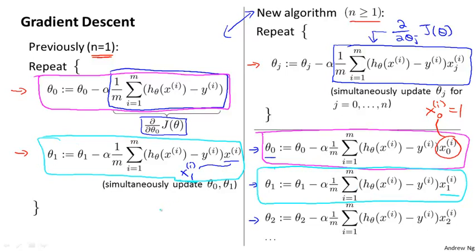And now that we have more than one feature, we can have similar update rules for the other parameters like theta 2 and so on. There's a lot going on on the slide, so I definitely encourage you, if you need to, to pause the video and look at all the math on the slide slowly to make sure you understand everything that's going on here. But if you implement the algorithm written up here, then you will have a working implementation of linear regression with multiple features.